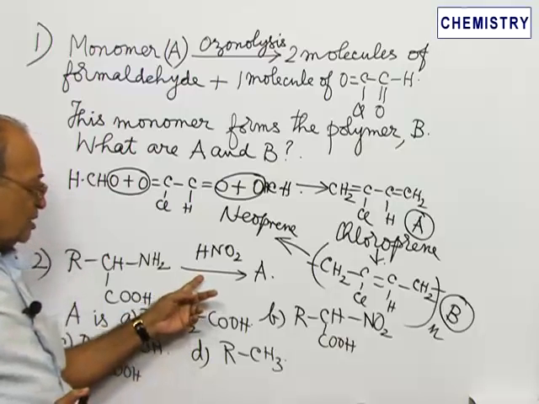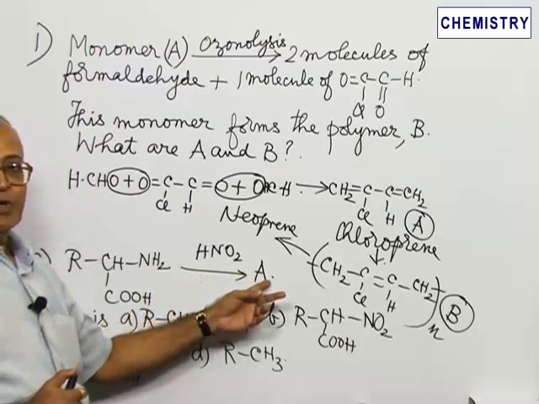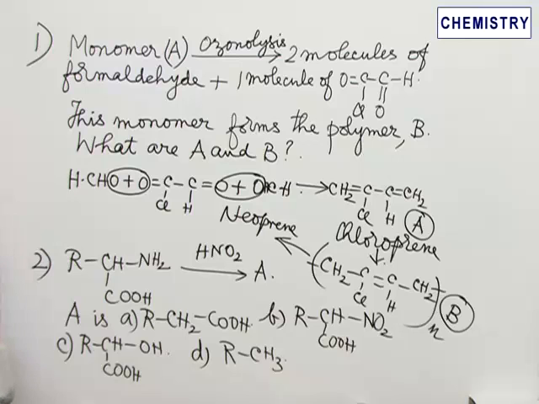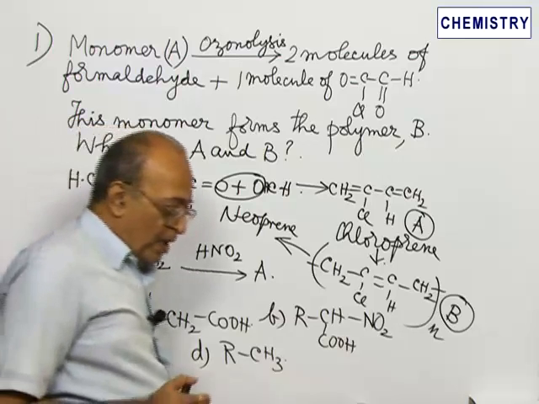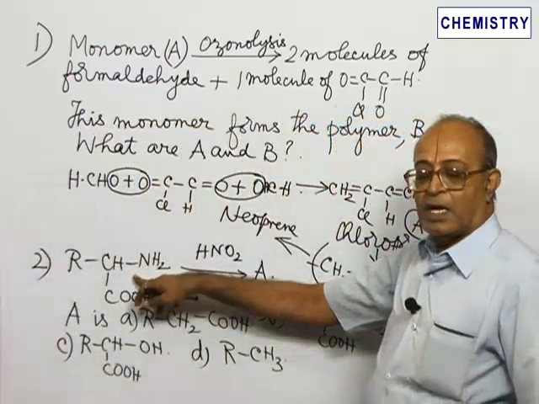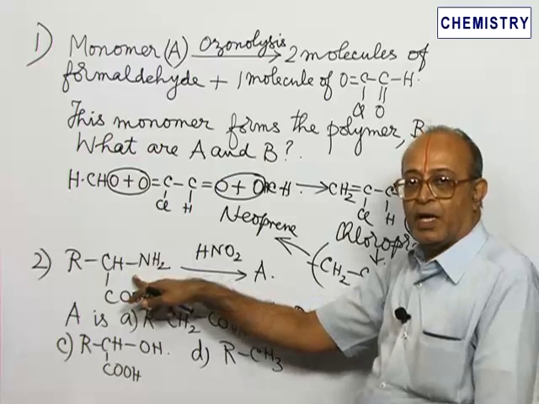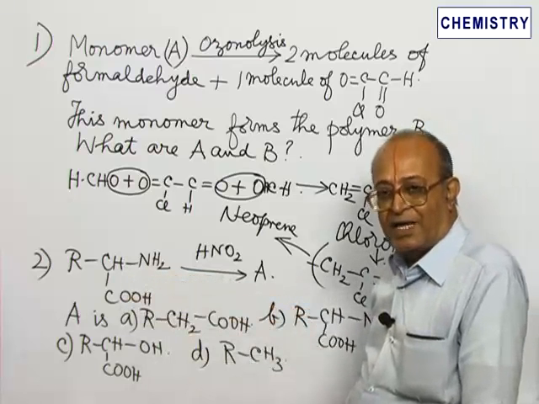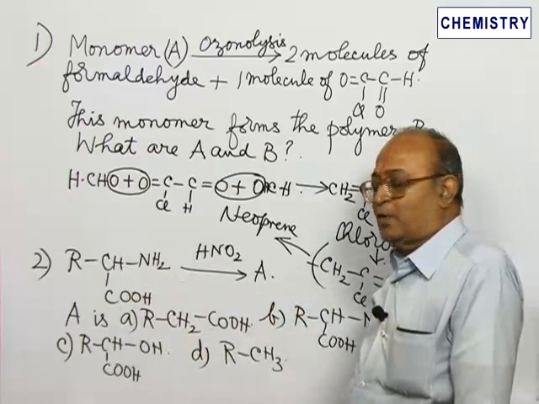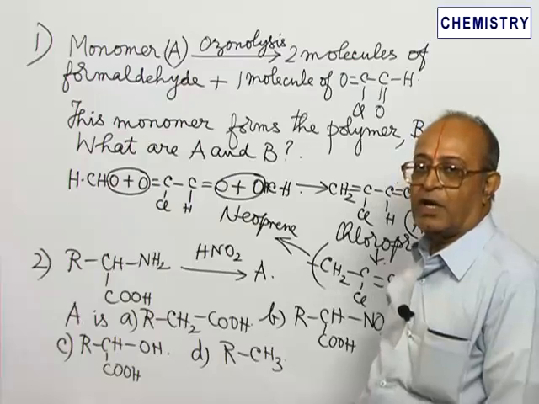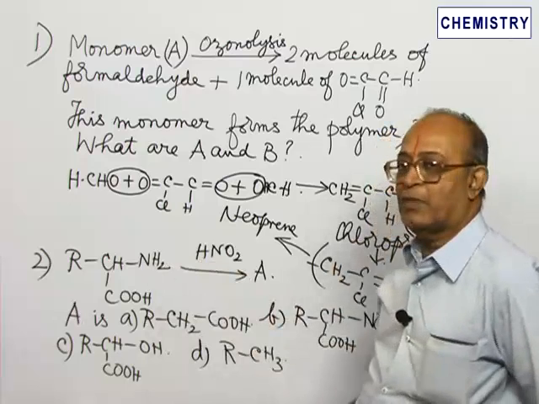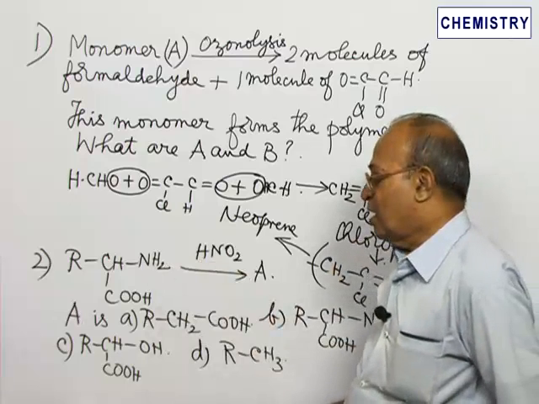Now, this reaction involves the formation of the product A. What is A? That is the question. Now, whenever a molecule like this containing an amino group is treated with nitrous acid, the reaction which is taking place here and which you should remember is NH2 group is replaced by OH group.